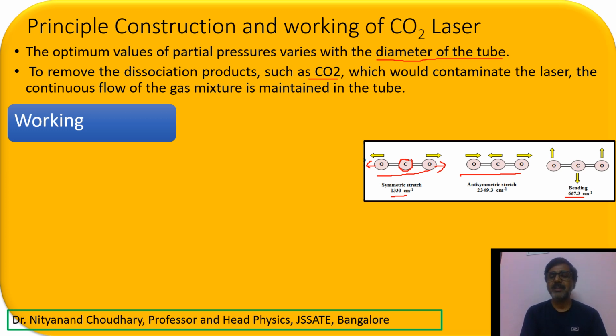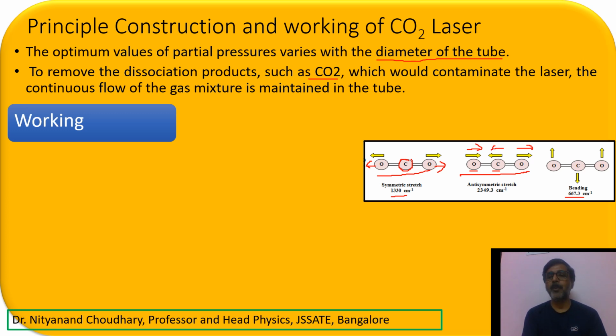Then the next one is the asymmetric. In this case, you see the two oxygens are moving in the same direction, and the carbon is moving opposite to both. That is what you can say in a nutshell.